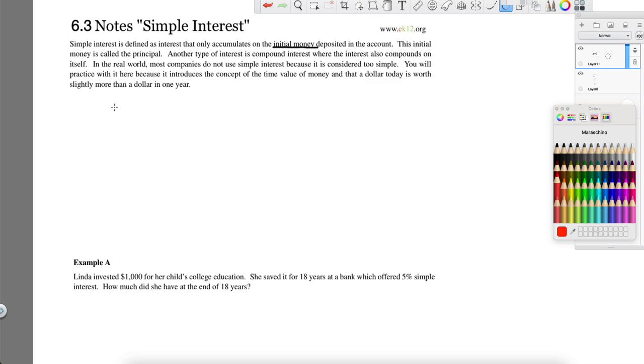So we're going to see that P is the principal, or we can call it the initial principal balance. So this is the starting money that we might have if we're investing.